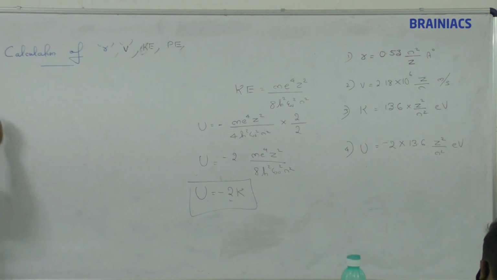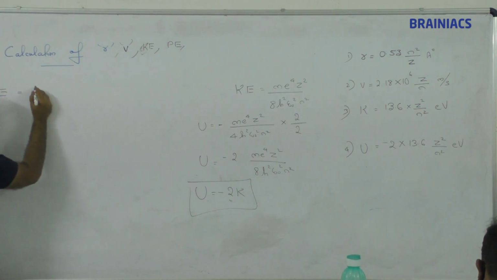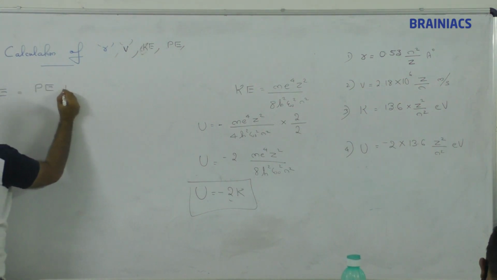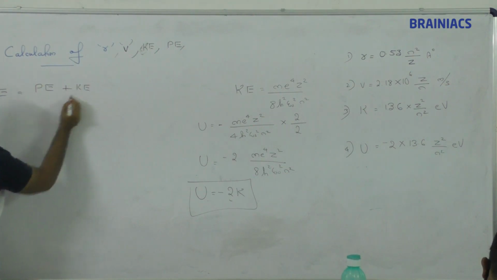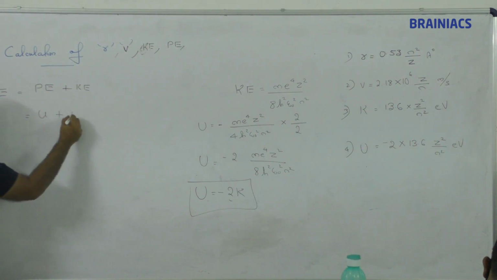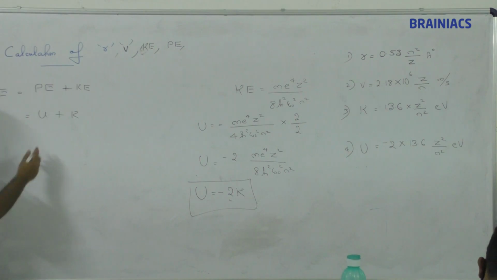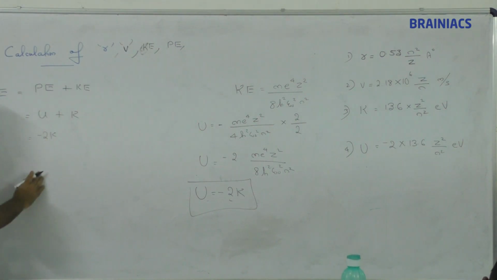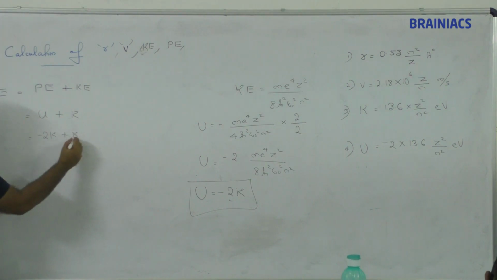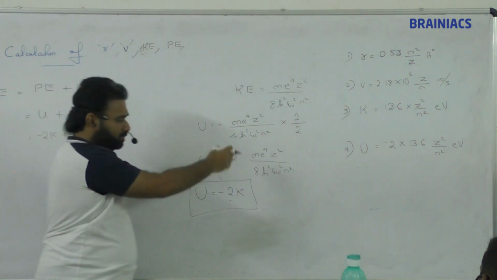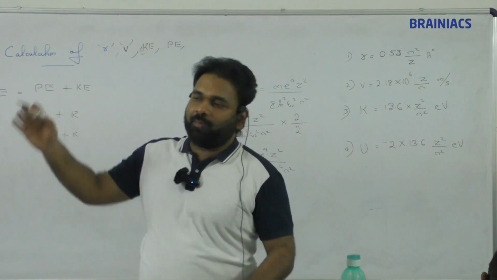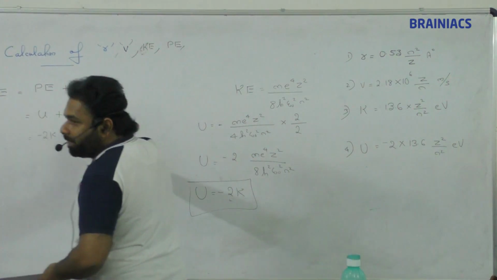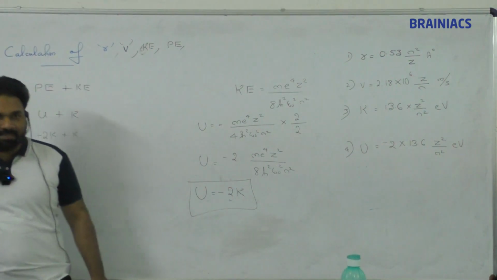Okay, what about total energy? Total energy will be potential energy plus kinetic energy, we can say. So what is U? All these m e raised to 4, h by pi, all these things, if you do it, you will be getting the same thing.